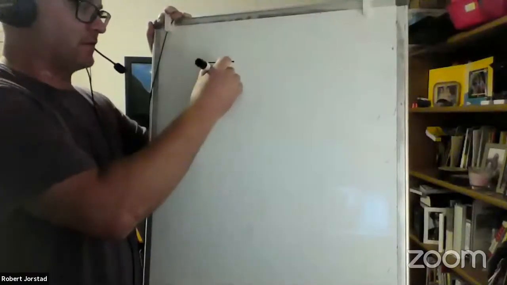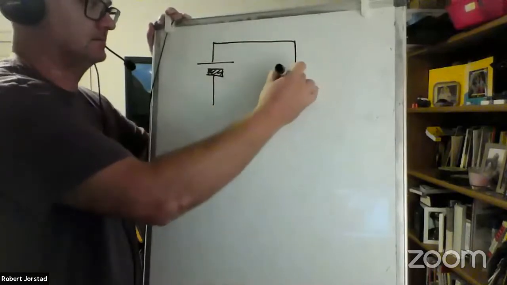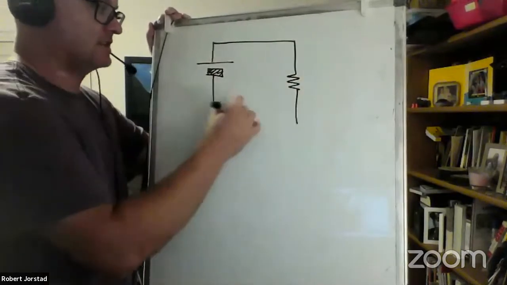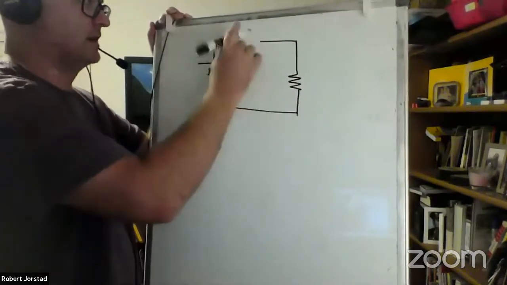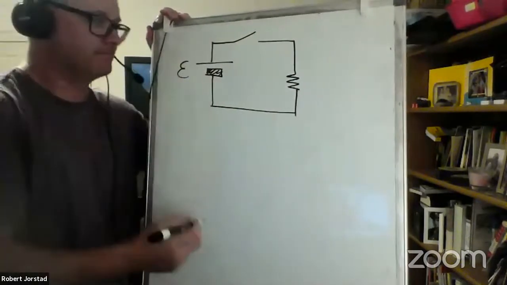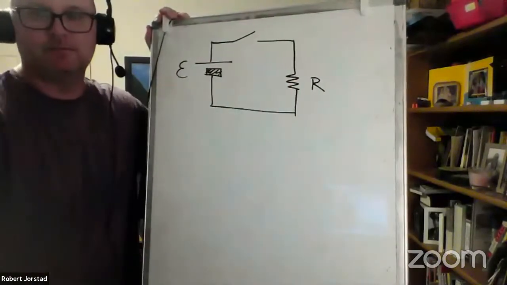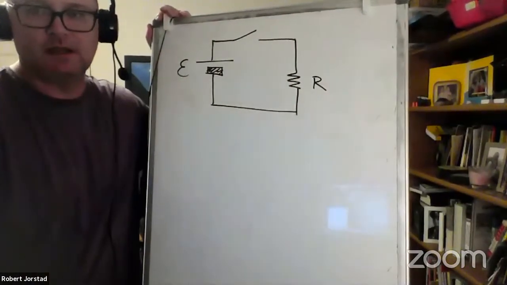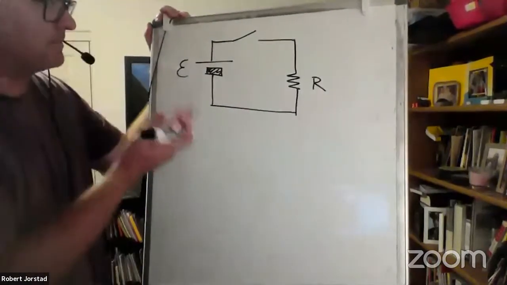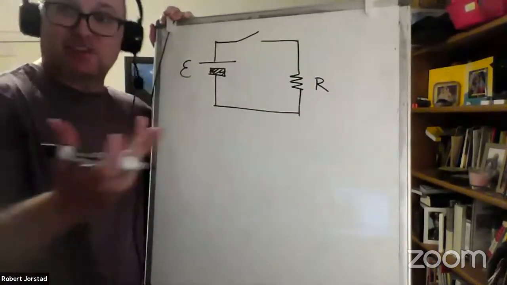So I want to talk about, forget the book for a second. Forget everything. Watch the screen, all right? Let's start super simple. A circuit that has a resistor and a switch. Right now there's no current.